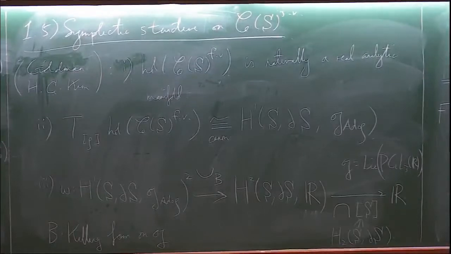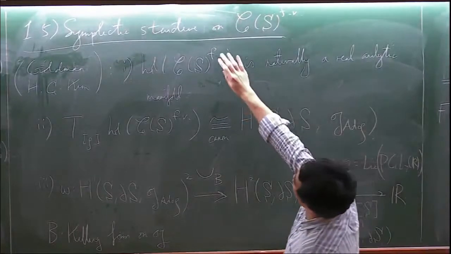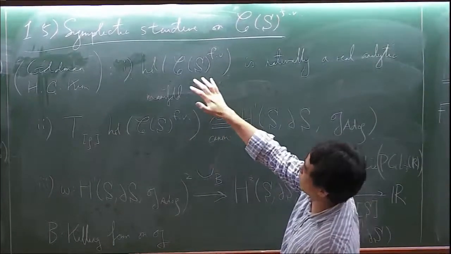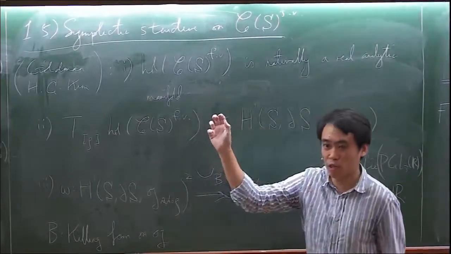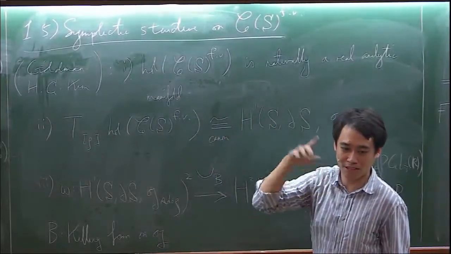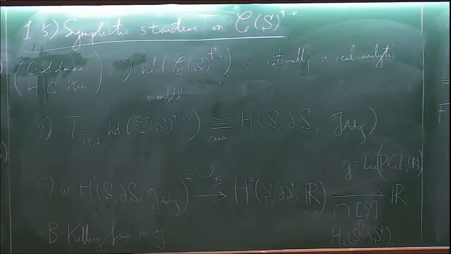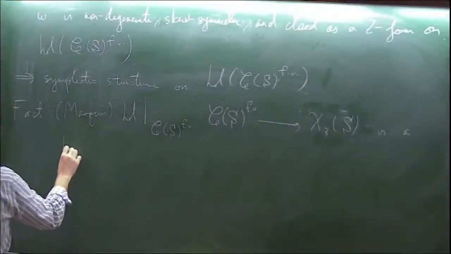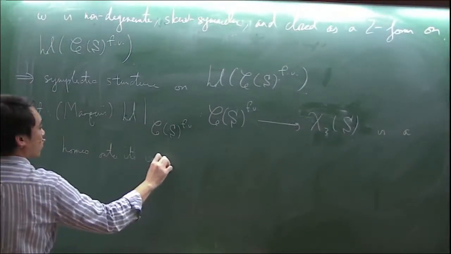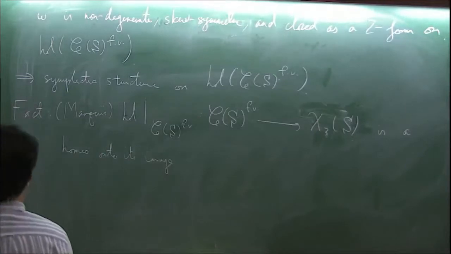Maybe I should also point out that if you remove the finite volume condition, this space is not a symplectic manifold, but it is supposed to have a natural Poisson structure as well. Maybe Francois might talk about that in his mini course. So the fact here is that this map is a homeomorphism onto its image.